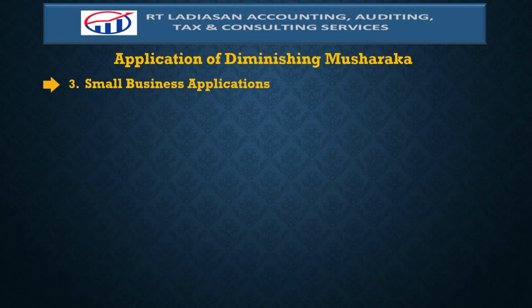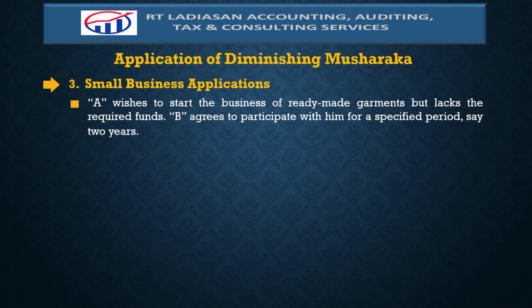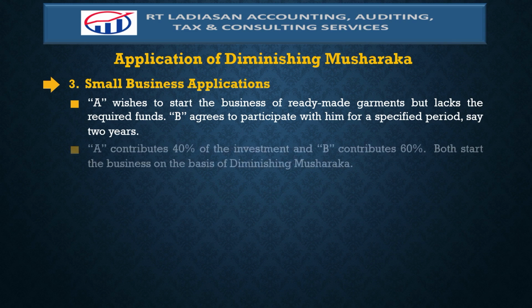The third application is the small business application. For instance, A wishes to start the business of ready-made garments but lacks the required funds. B agrees to participate with him for a specified period, say 2 years.